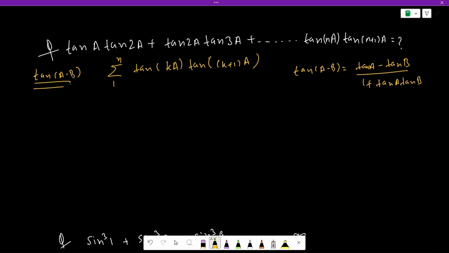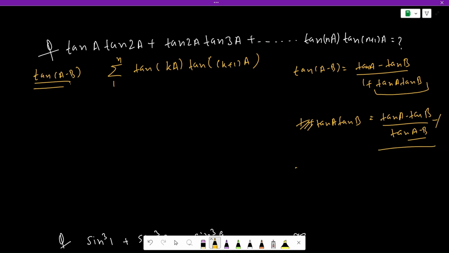Right, so now here you can see that we have this product that we need. So this product is equal to 1 plus tan a tan b equals tan a minus tan b divided by tan of a minus b. Right, now we can take this one to the other side.